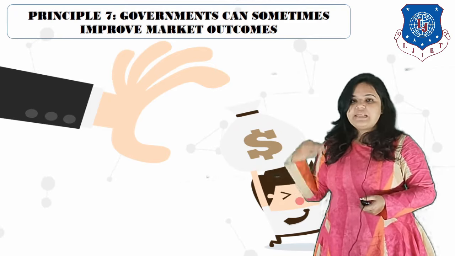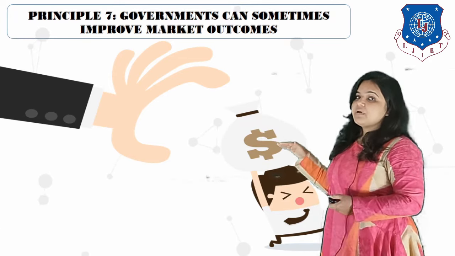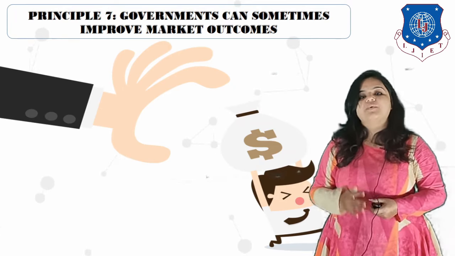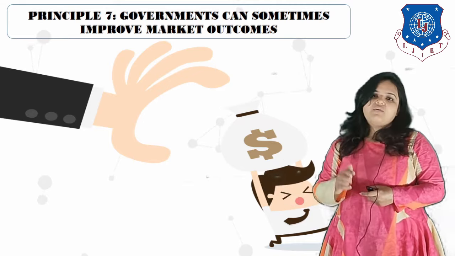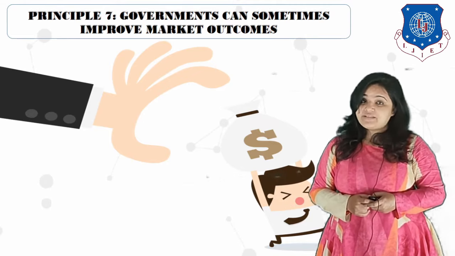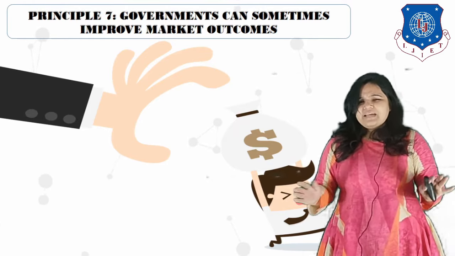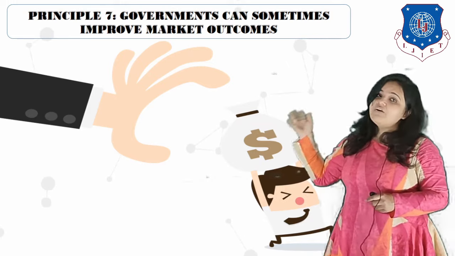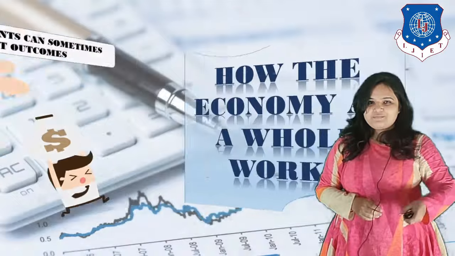Either this or less than this, not more than this. It specified an upper limit so that these medical giants wouldn't exploit the consumers. This is where the government intervention becomes necessary and government does interfere. So, many a times the market works on its own, but sometimes government will need to step in to improve market outcomes.